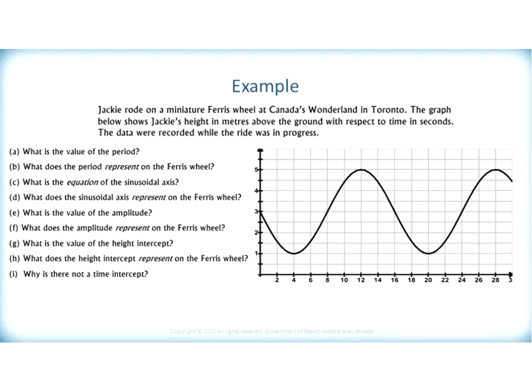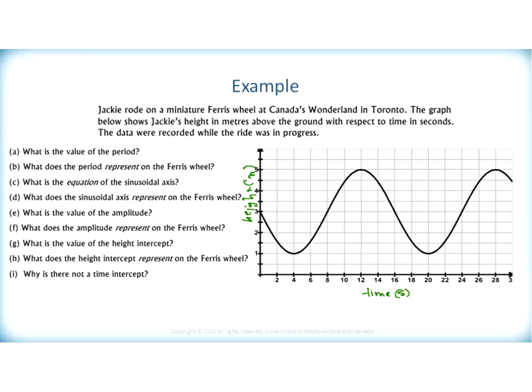Jackie rode on a miniature Ferris wheel at Canada's Wonderland in Toronto. The graph below shows Jackie's height in meters above ground. So this is the height in meters above ground with respect to time in seconds. So down here we have time in seconds.